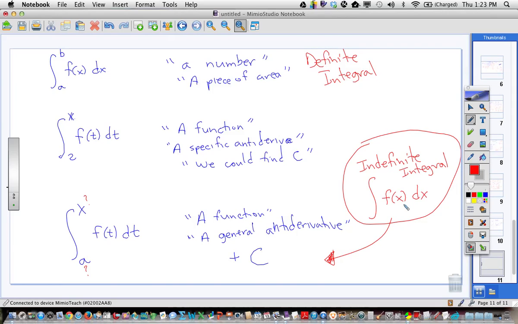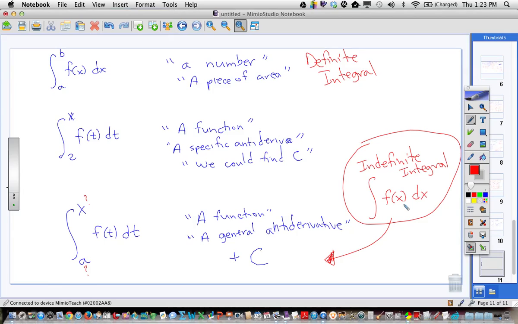But if we put the numbers in, we can do a definite integral, get a number answer. If we do this bottom one, we'll get an antiderivative. Now, I don't think our calculators put the plus c on for you, so you'll have to remember that.